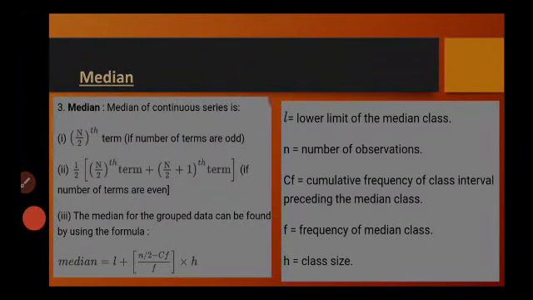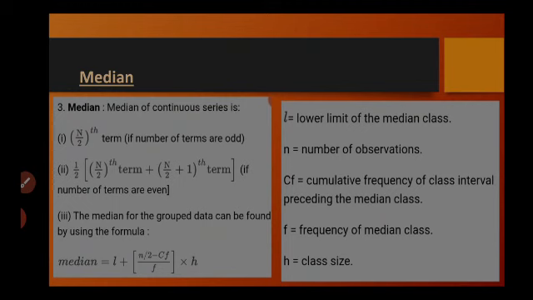Next formula is for median. What is median? Median of ungrouped data is the n by 2th term if the number of terms is odd, and half of the n by 2th term plus the n by 2 plus 1th term if the number of terms is even.